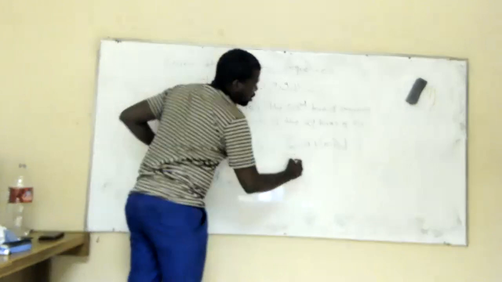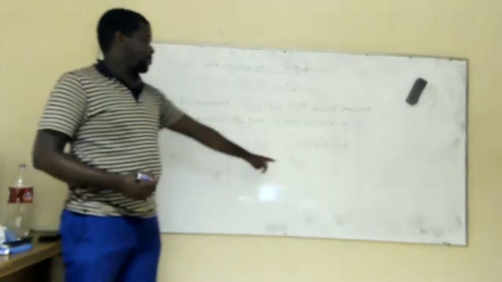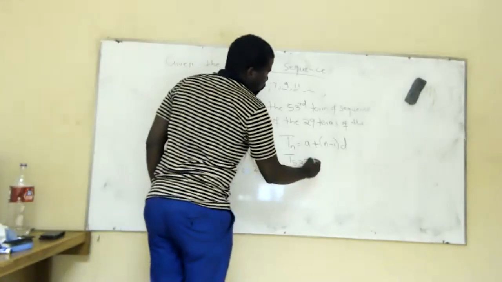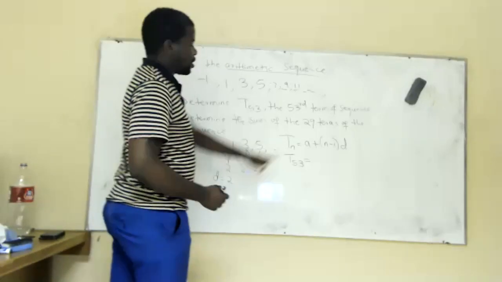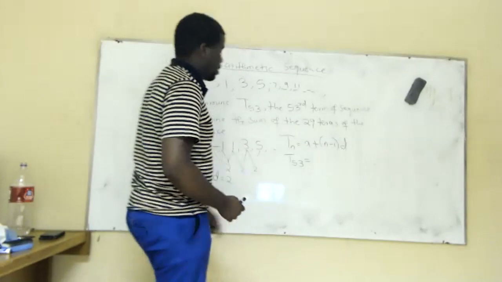We are looking for term number 53, which is indicated by T sub 53. We obtain it by substituting the first term, the number of terms, and then the common difference.